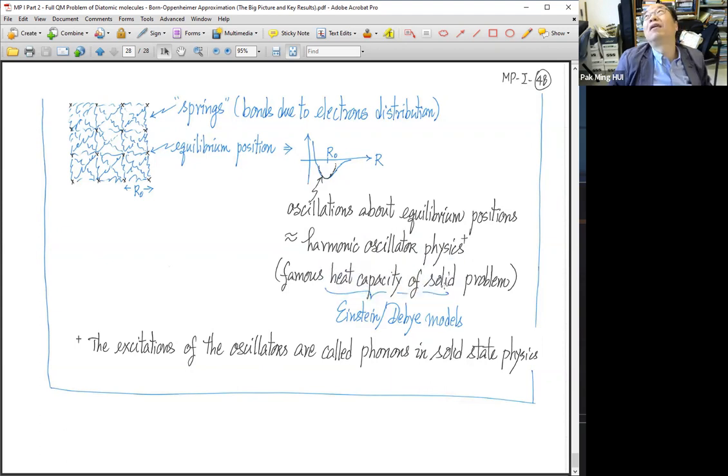I wonder in Professor Go's course whether you have arrived at a discussion of oscillator statistical physics, where you will have the Einstein model.